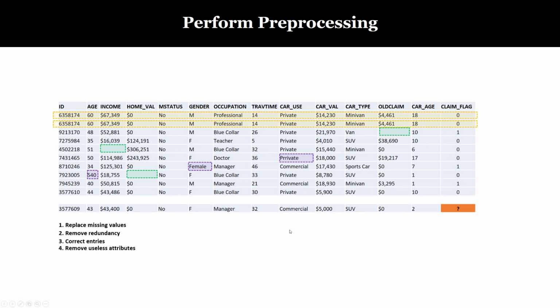So can you figure out what column could be removed? I know you get it right. The first ID here, of course, after we remove our redundancy, is a unique value for each and every instance. And a unique value will not help our model. That's why it will not add any value to the training model.